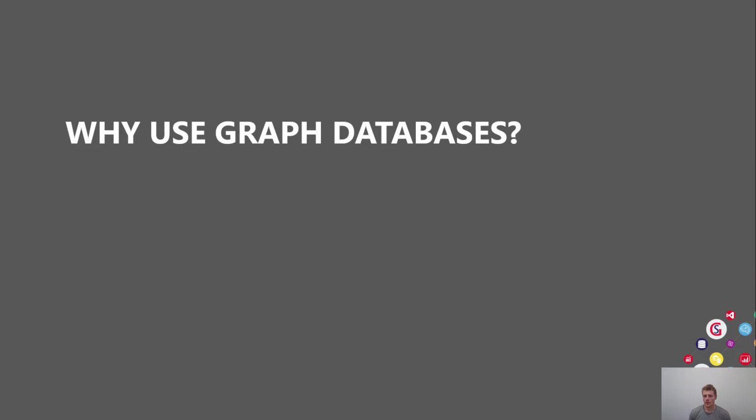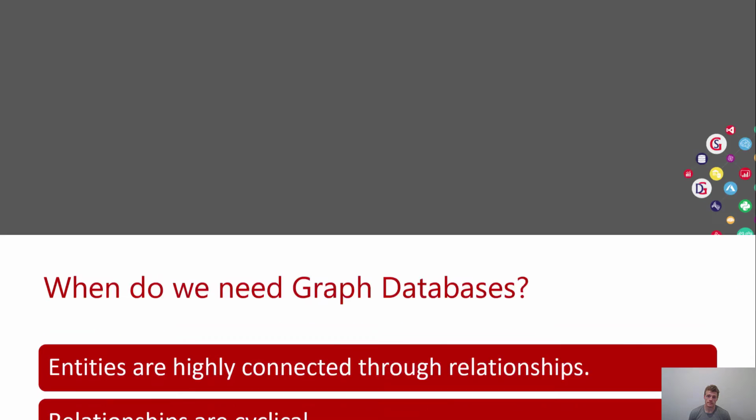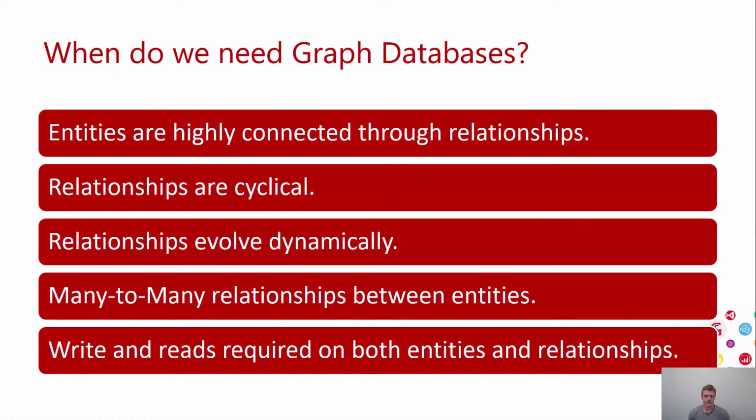So let's talk about why we would use graph databases and when we would actually need to use graph databases. So we would opt for graph databases if the data in our applications would have the following characteristics. If our entities are highly connected through descriptive relationships, we can benefit from using graph databases in this scenario with the knowledge that the relationships between our entities are persisted in storage.